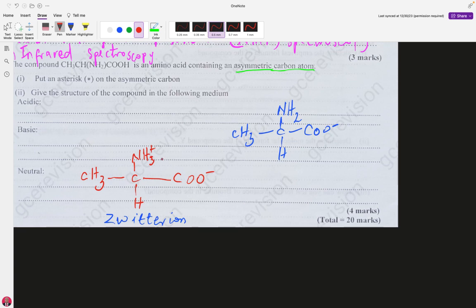So now you go back to your question paper, answer sheet, and in acidic medium, you write your structure as CH3, and you write its carbon, and the carbon has an NH3 plus, and you have a hydrogen, and there is a COOH.